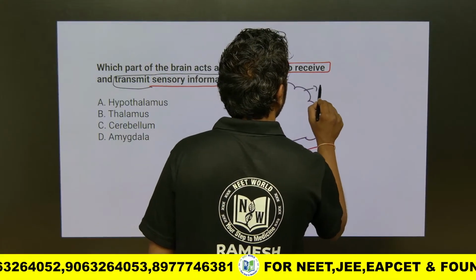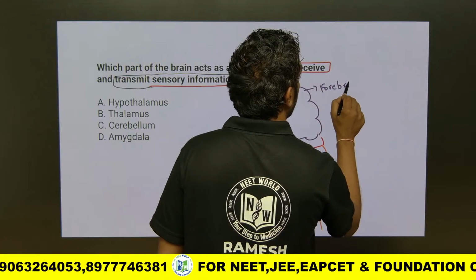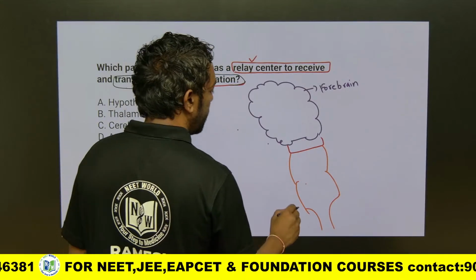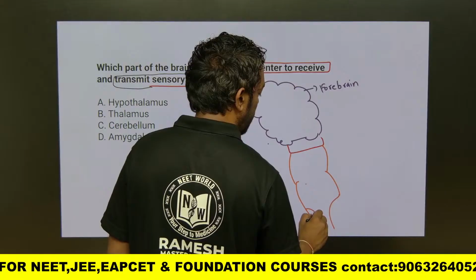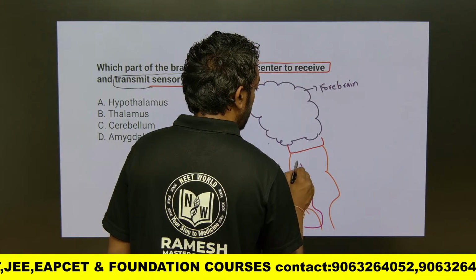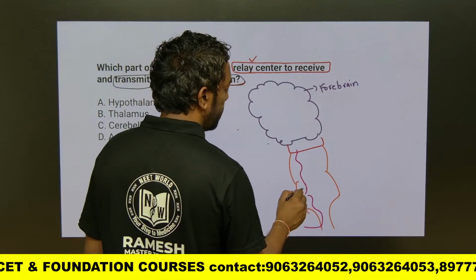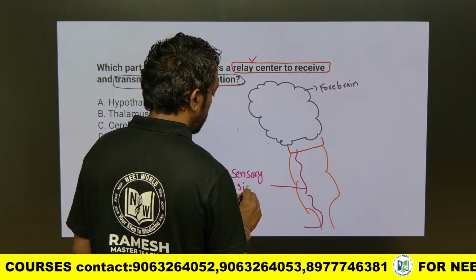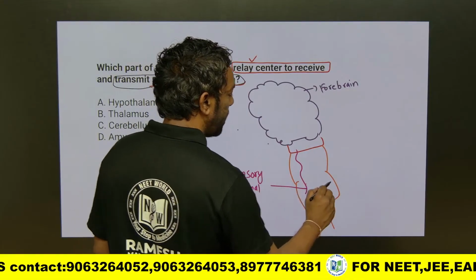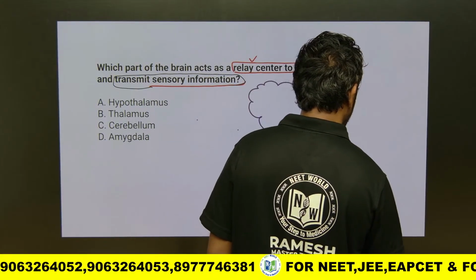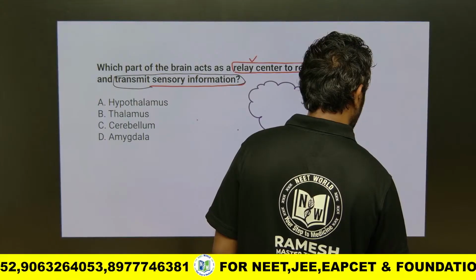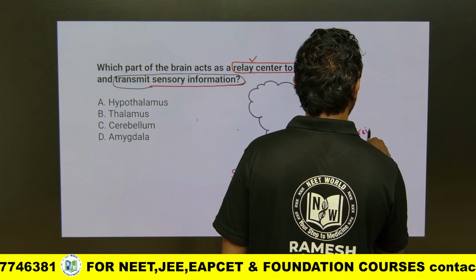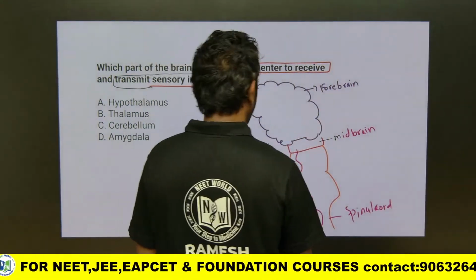The sensory signals first reach the spinal cord, then the midbrain, and finally the forebrain.